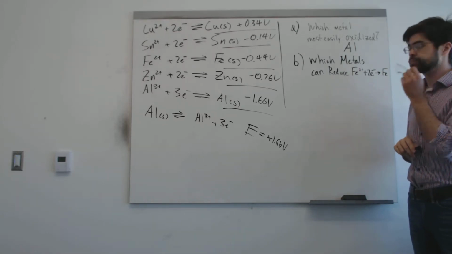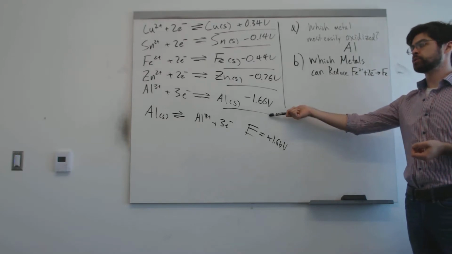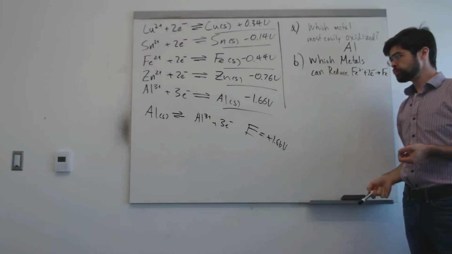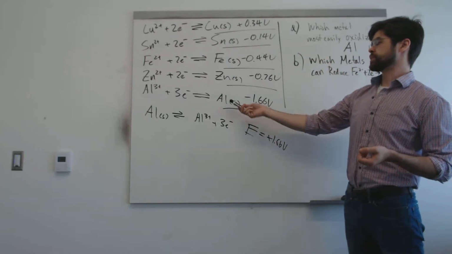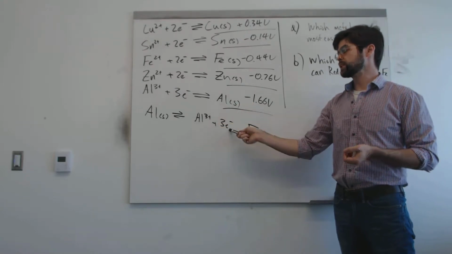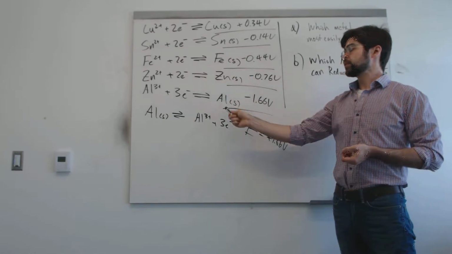Again, the way we'll generally predict this is that electrons like to move upwards in terms of electrostatic potential. So, for instance, if I have aluminum, it will tend to lose electrons and donate them to iron.